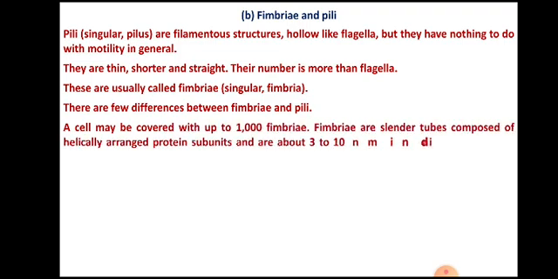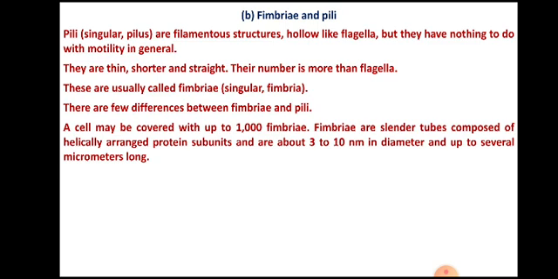A cell may be covered with up to 1000 fimbriae. Fimbriae are slender tubes composed of helically arranged protein subunits, and these are about 3 to 10 nanometer in diameter and up to a few micrometers long.